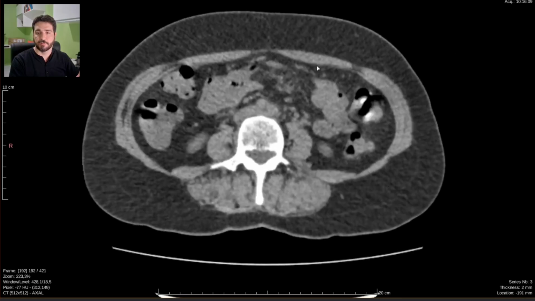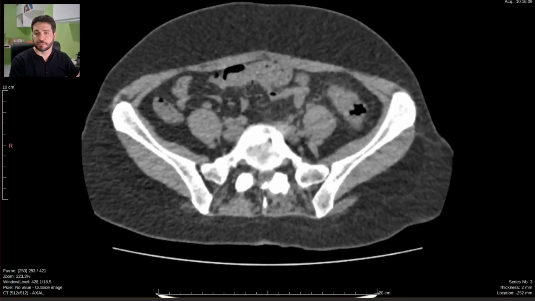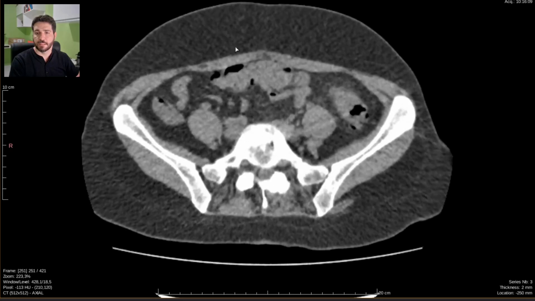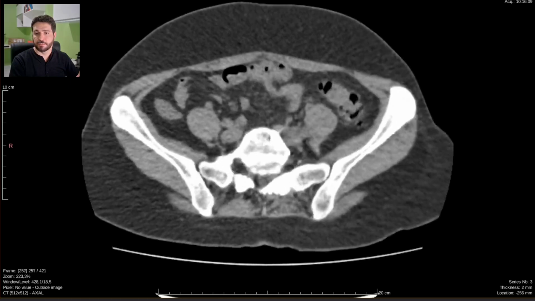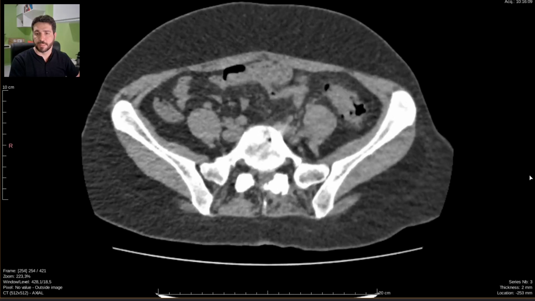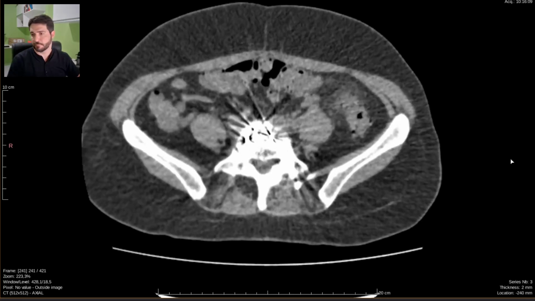So let's focus our attention on the problem at hand, which is right over here, left-sided inferior quadrant pain. So let's get back. So we have here a left-sided abdominal pain, and of course here it is. This is it.